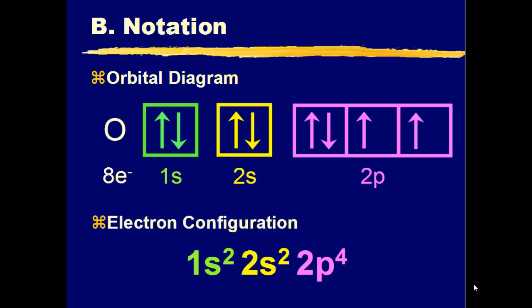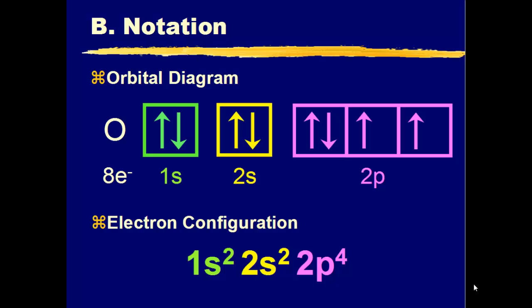Now those orbital diagrams can be written in a shorthand way as an electron configuration. I've tried to color code it for you. Look how the green orbital diagram becomes the 1s2 part of the configuration. And then the yellow 2s becomes 2s2, and the pink 2p becomes 2p4.